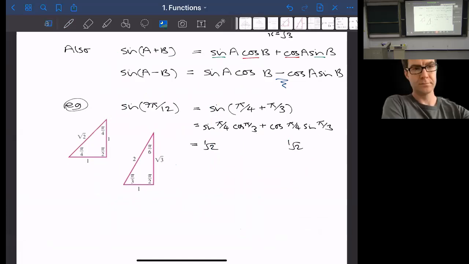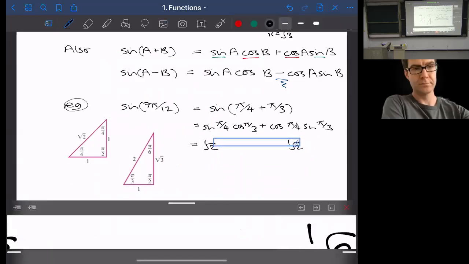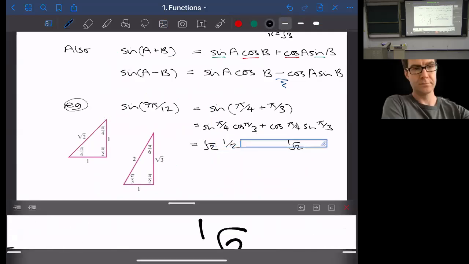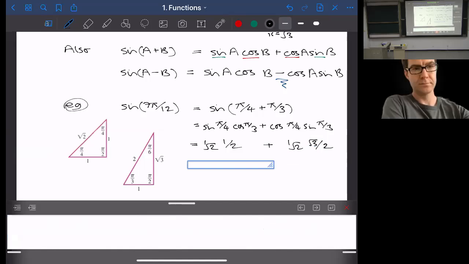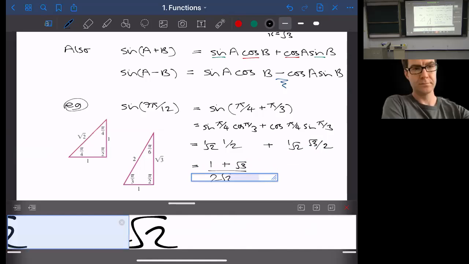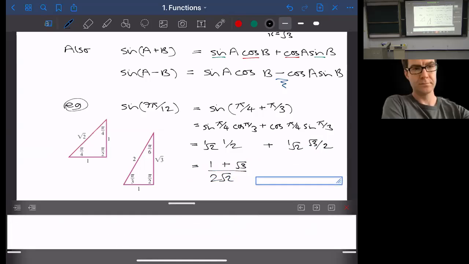So cos of pi over 3 is 1 over 2. And sine of pi over 3 is square root of 3 over 2. So we can simplify a little bit to (1 + square root of 3) over 2 square root of 2.